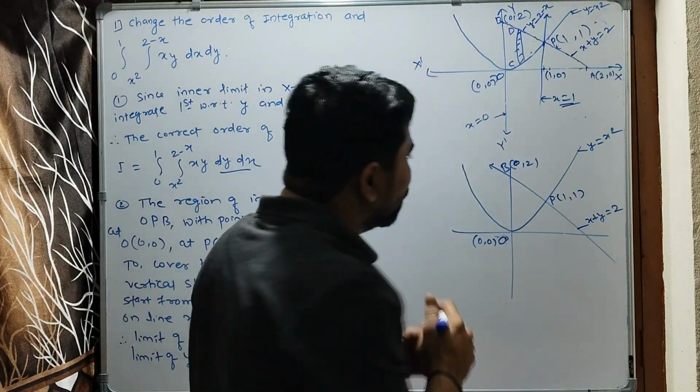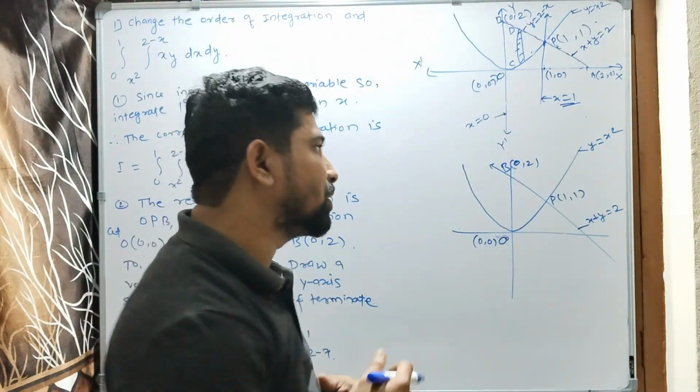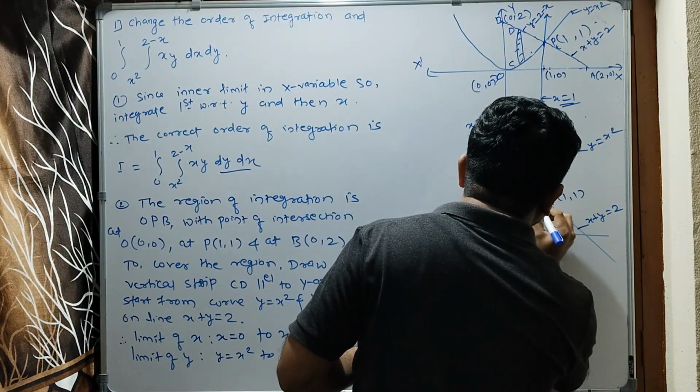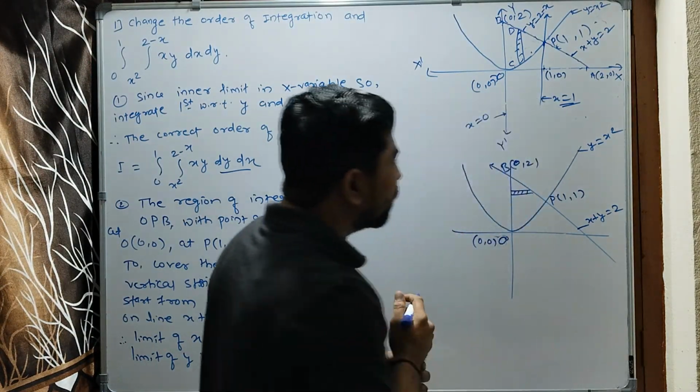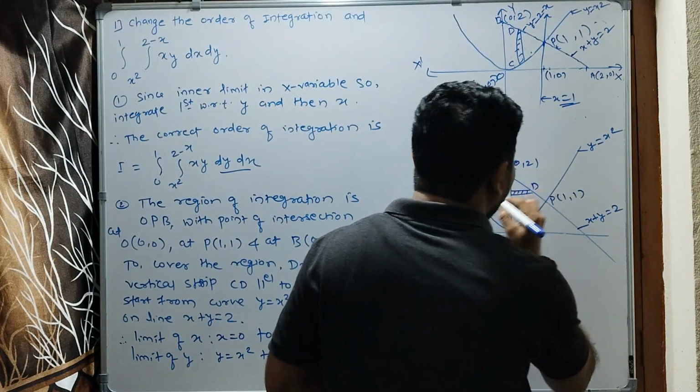But now I want to cover the same region with a horizontal strip. Let's say this is one strip, C and D.